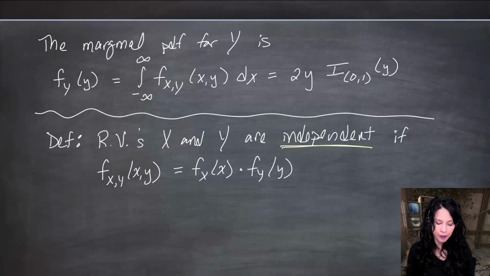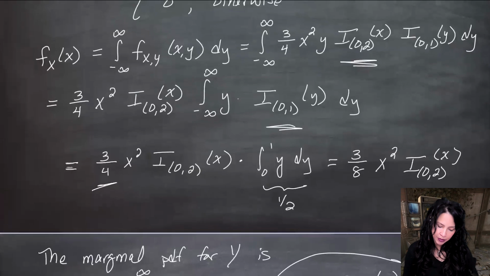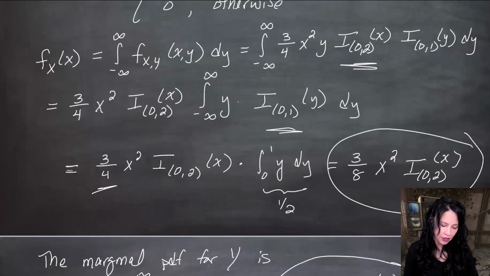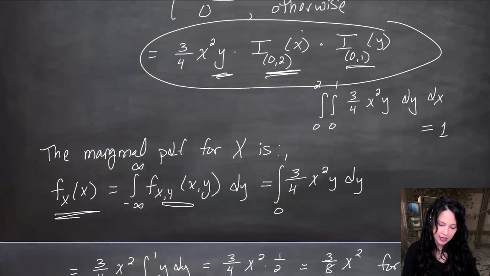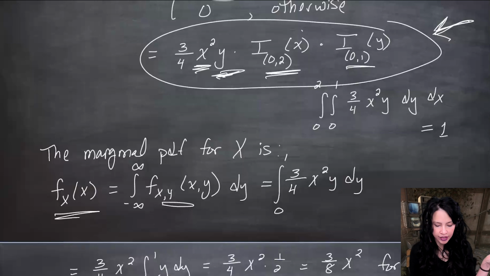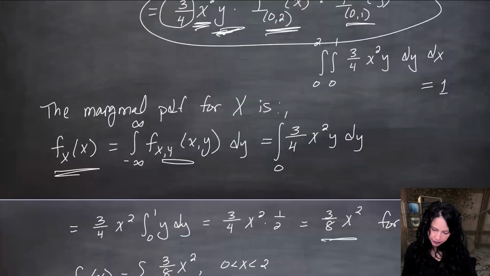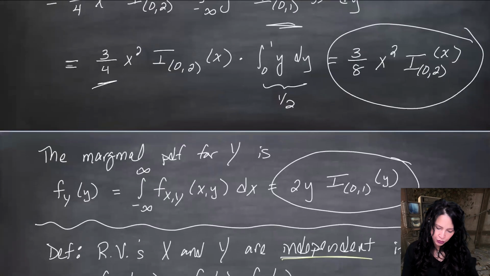And that is what happened here, because if you take this times this, you do get back this. And so we got the x squared part going to the x PDF and the y part going to the y PDF, and of course the indicators going their own way. But the 3/4 broke up into a 3/8 times a 2.